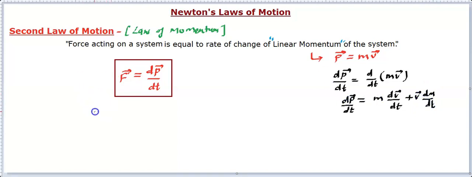So you'll find the force can be written as m dv by dt. Now you must know this relation: dv by dt is defined as acceleration. So F is going to be equal to m into a for acceleration, plus v into dm by dt.